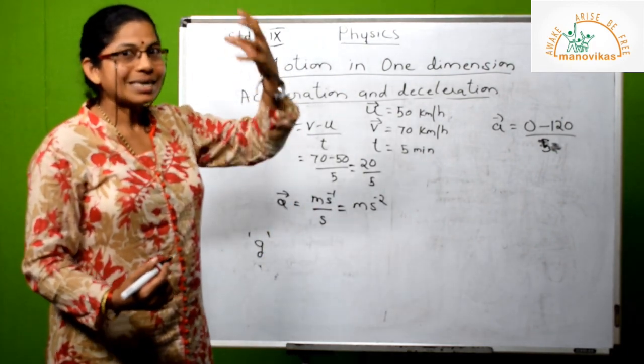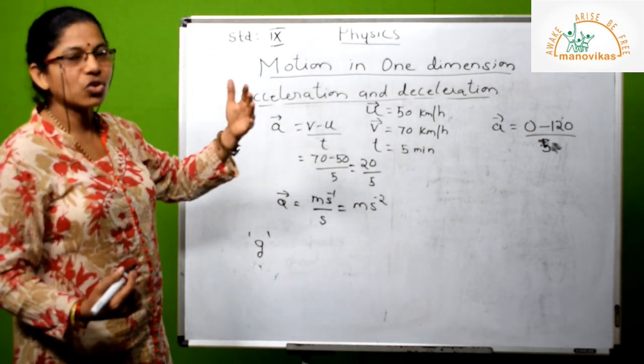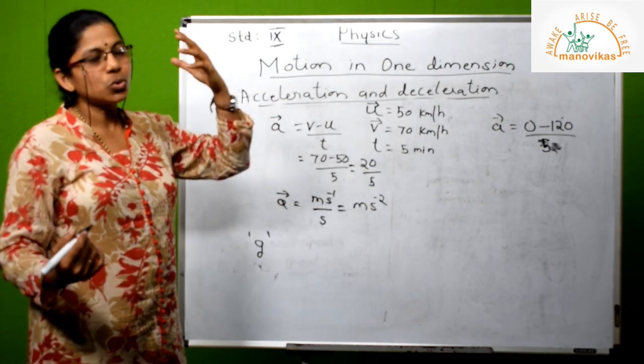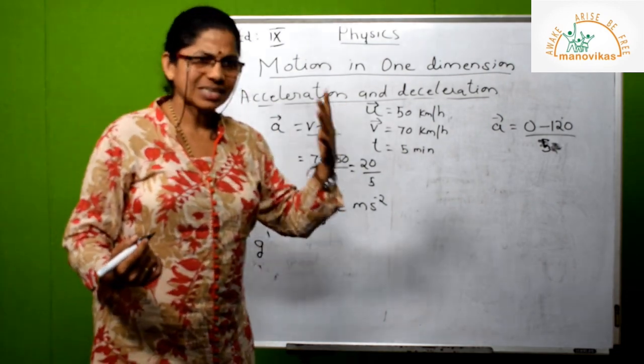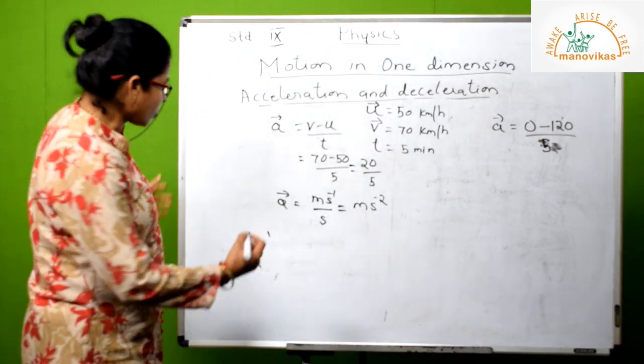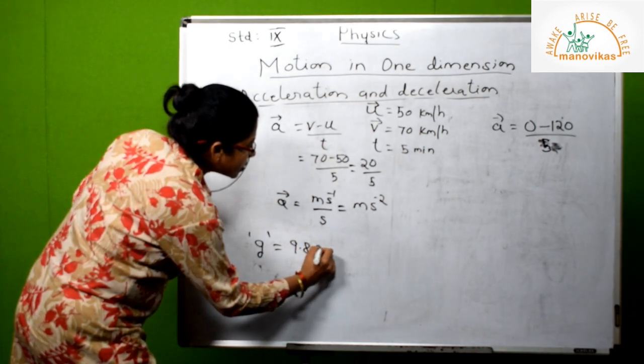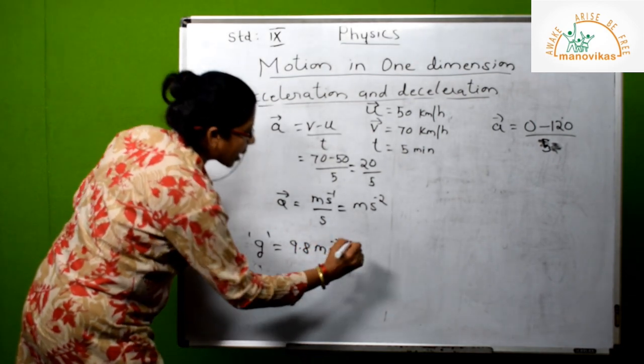That gravity which is pulling the object towards the earth is called acceleration due to gravity. It has a fixed value on the surface of the earth. Its value is 9.8 meters per second square.